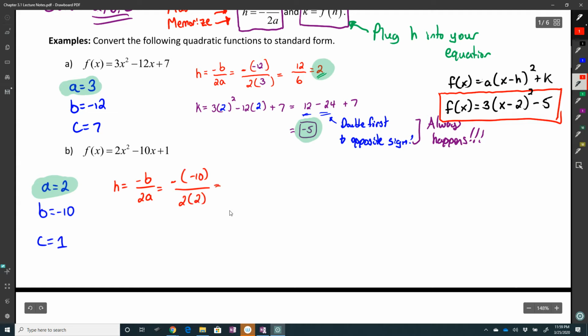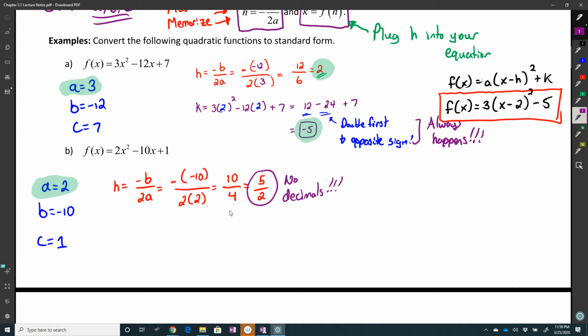And so I get double negative, that's a positive, 10 over 4. I can simplify that. 5 over 2. When you're dealing with these, no decimals. Unless the problem was given to you in decimals or it's a word problem, leave it as a fraction. We want to keep it exact.